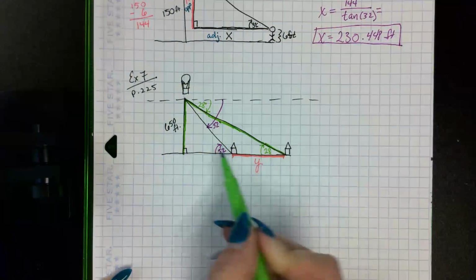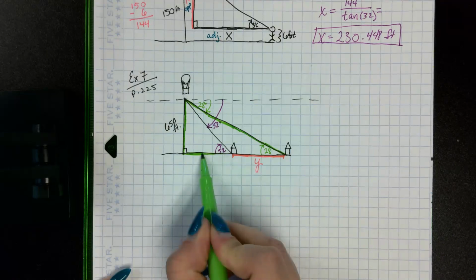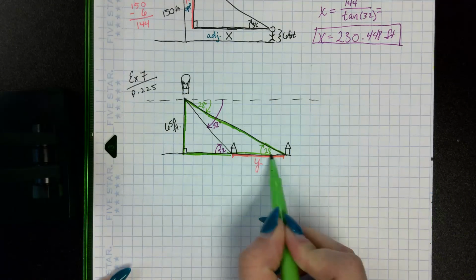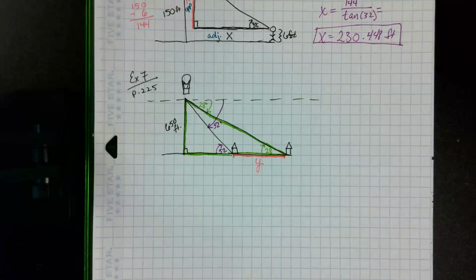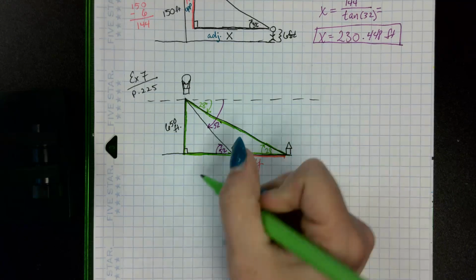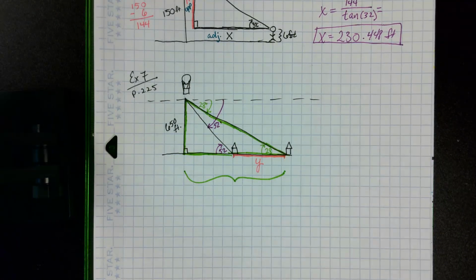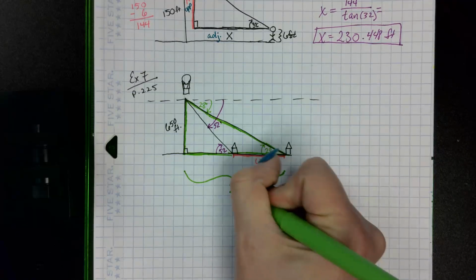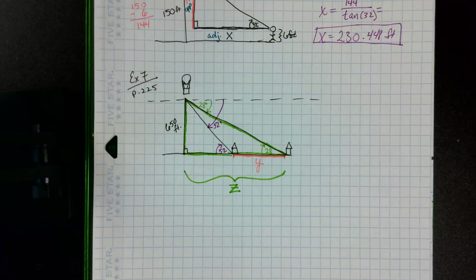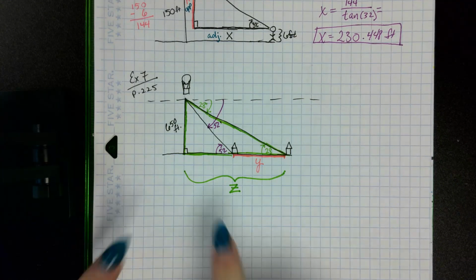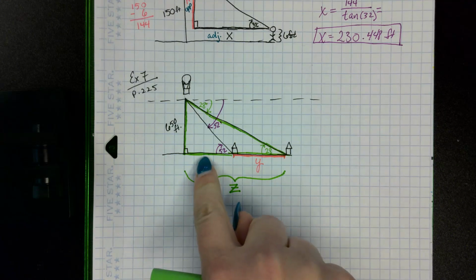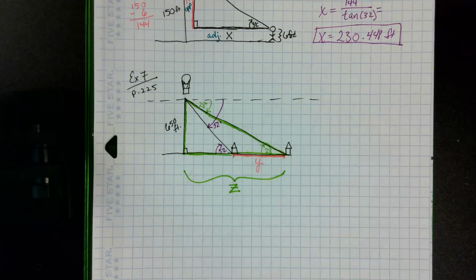I'm going to do this in green so you can see better. I'm going to talk about the green triangle first. If I can figure out the total distance, which I'm going to call Z, and then later I figure out this other distance, I can subtract to find Y.